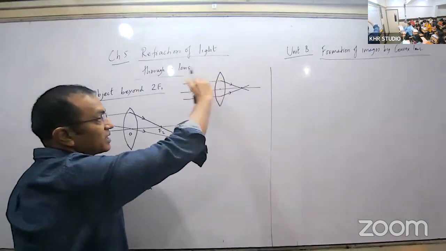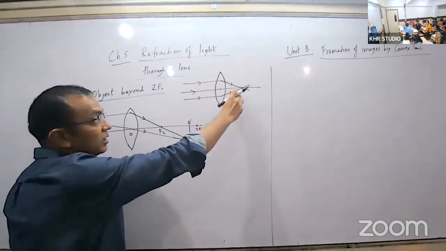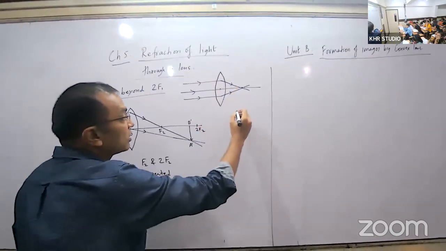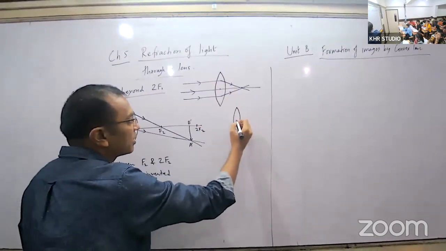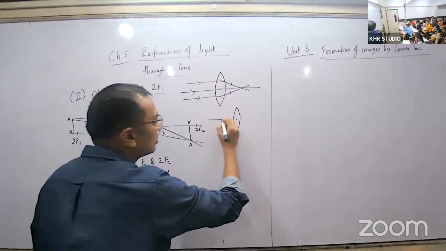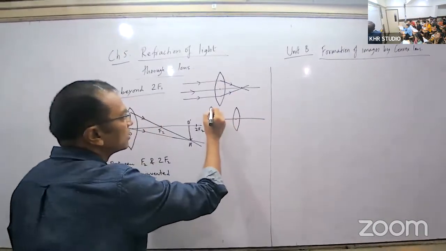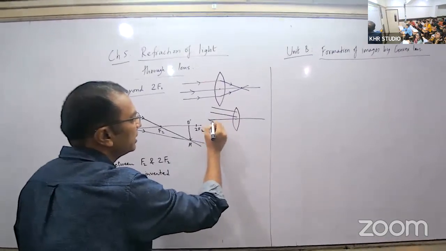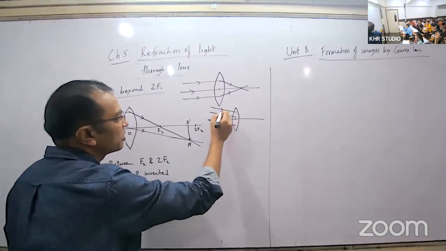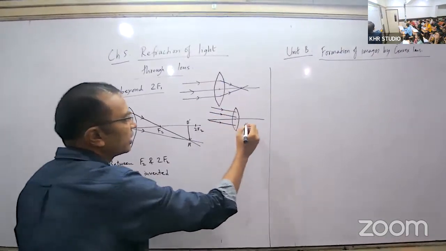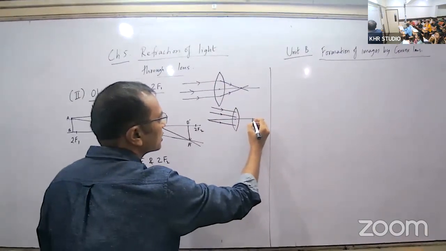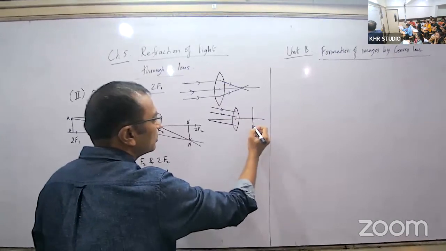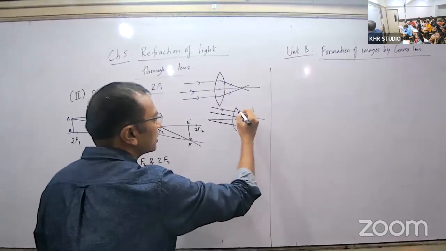When the rays are parallel to the principal axis, they converge at the focus. But what if the rays are not parallel to the principal axis but parallel to themselves? Then what happens? Suppose this is the focus, this is the focal plane. Now these rays will be focused over here, let us say.